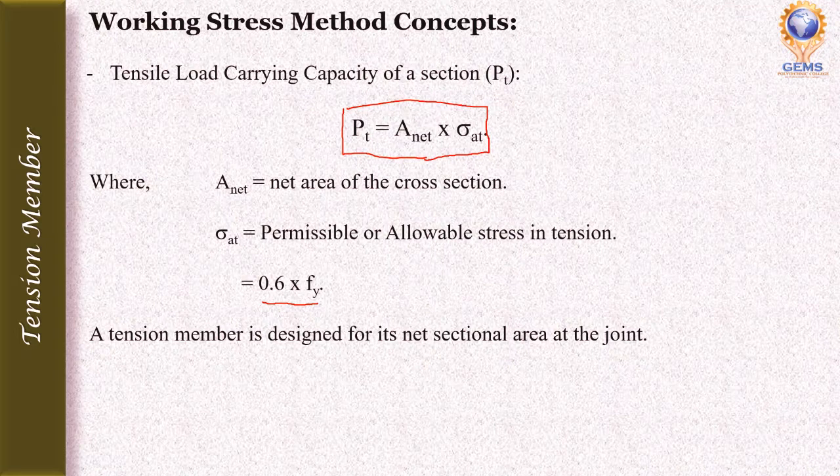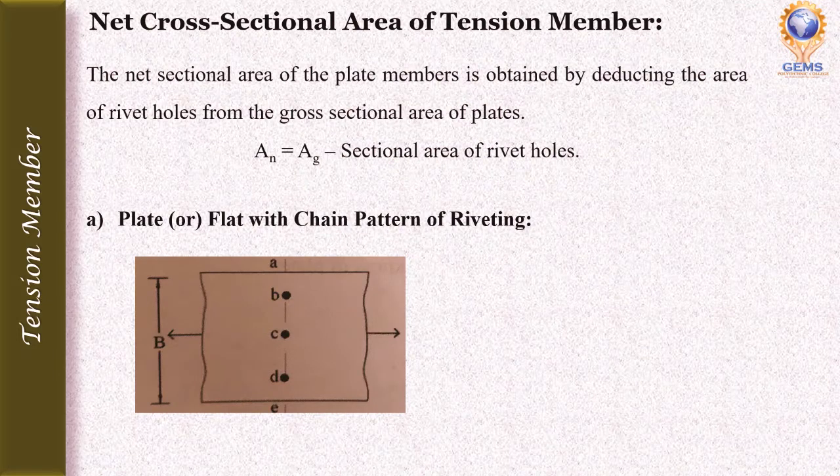is found differently for the different connections; we will have different net sectional areas. Mostly a tension member is designed for its net sectional area at the joint. The net cross-sectional area of a plate member is obtained by deducting the area of rivet holes from the cross-sectional area of the plate.